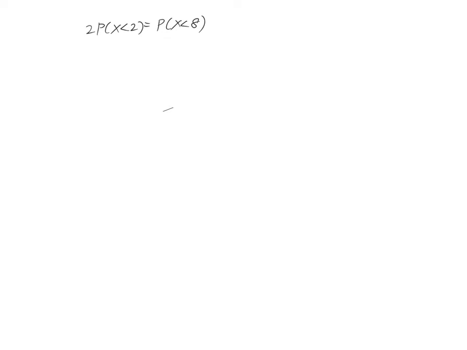Very quickly, remember I was telling you that if you observe the graph, it's symmetrical. Because the center mu equals 5, and the other pair is 3 and 7, we can think about 2 and 8, so the probability of X less than 2 is equal to the probability of X more than 8.